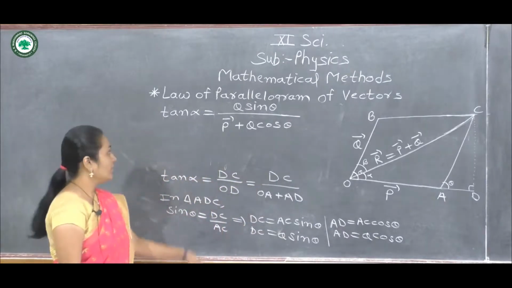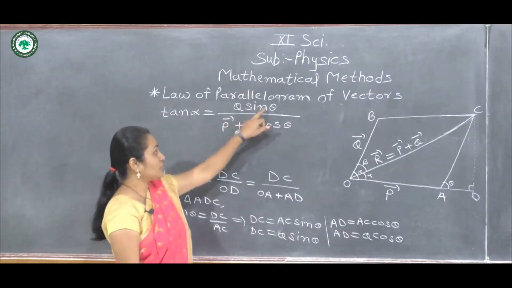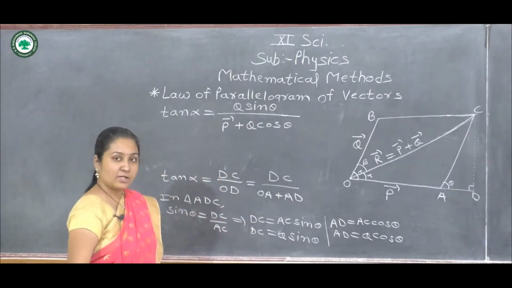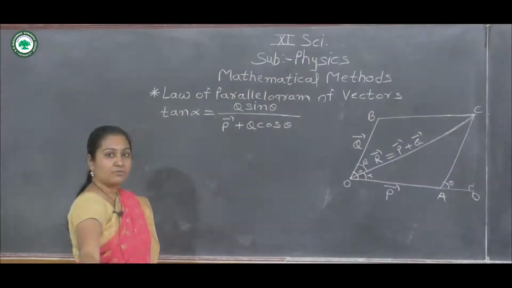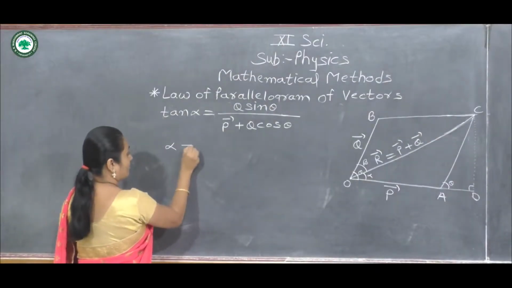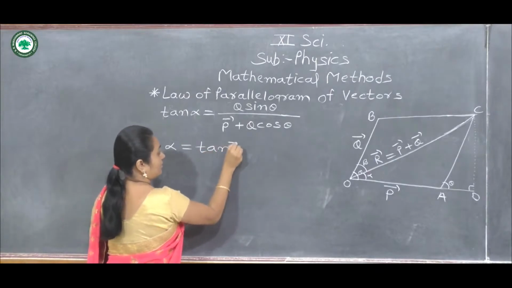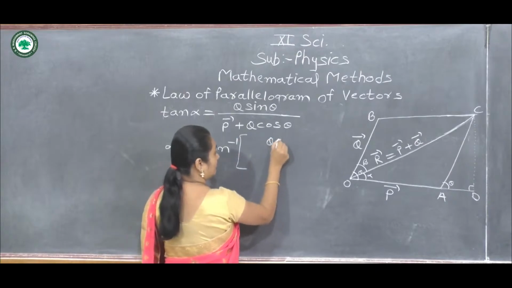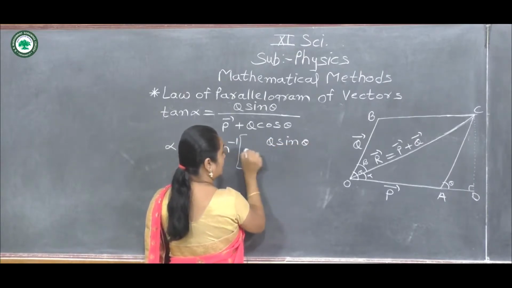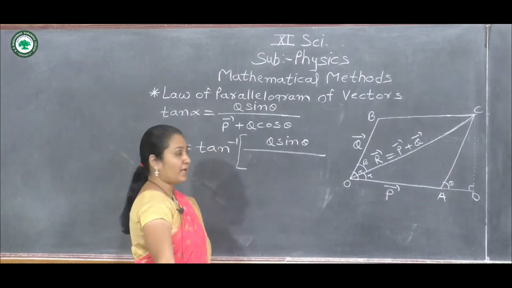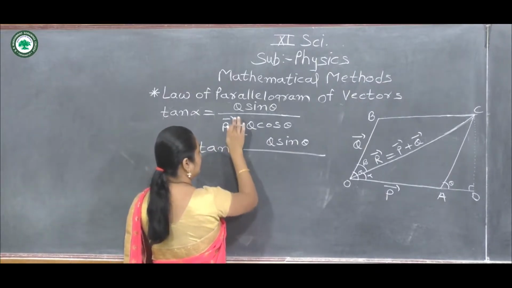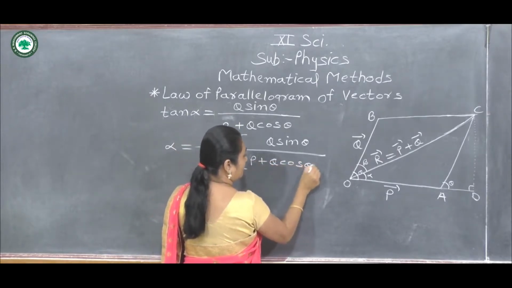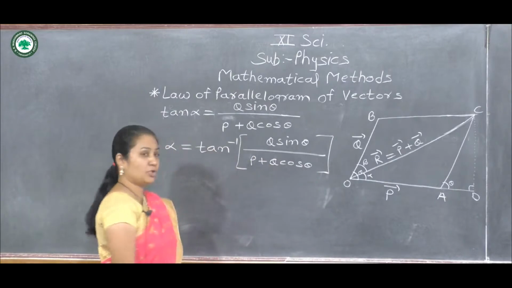So tan alpha is equal to Q sin theta upon P plus Q cos theta. From this we can find alpha equal to tan inverse of Q sin theta divided by P plus Q cos theta.